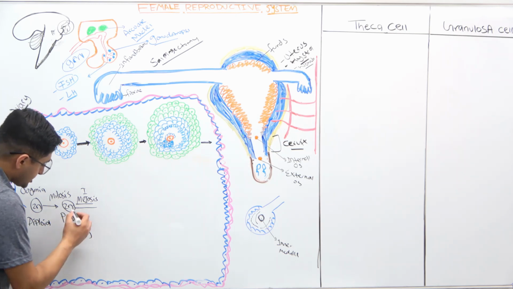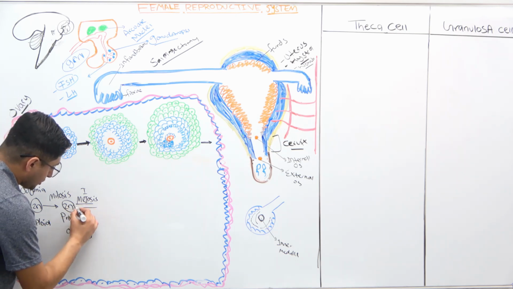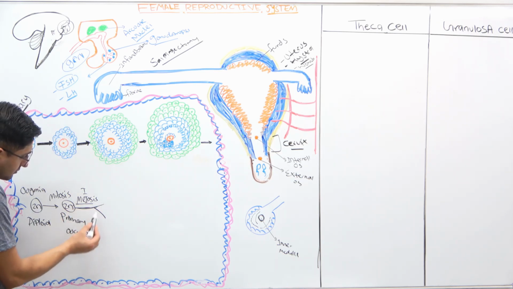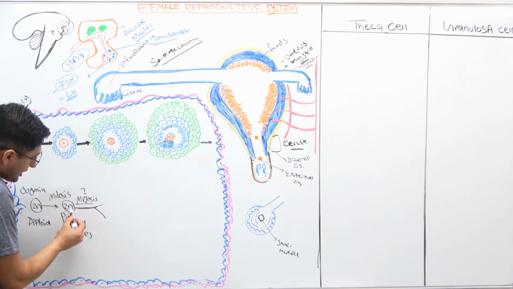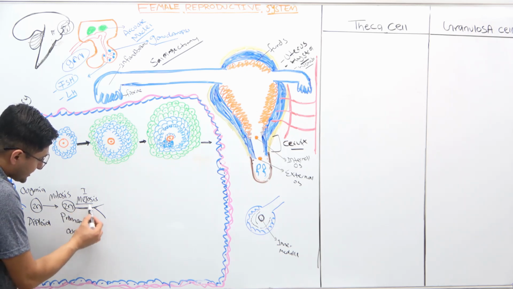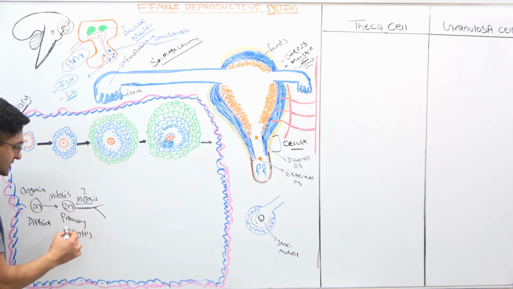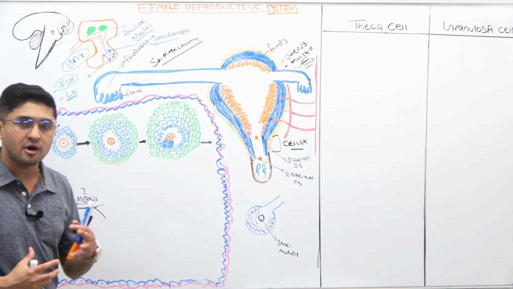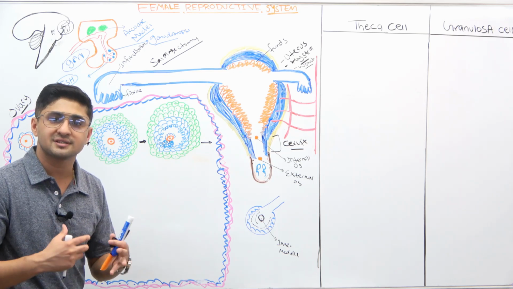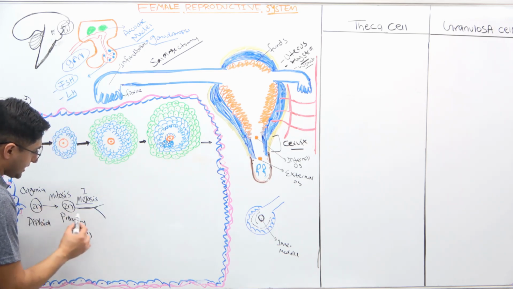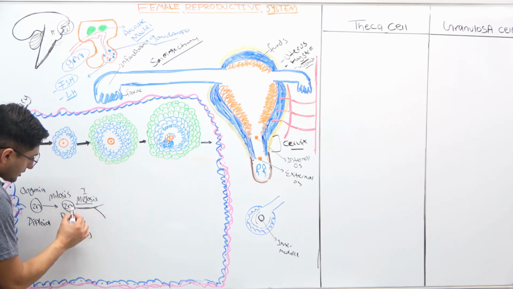And these primary oocytes will start going through the phases, prophase, anaphase, all those phases.